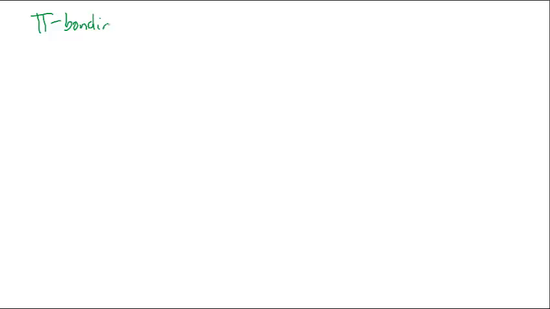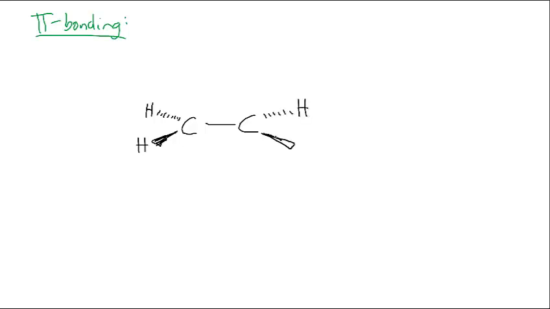So in that orientation, what I'm going to do is just draw a line to represent the sigma bonds. And now my hydrogens are going to go into the page and out of the page. And I'll be left with my 2 p orbitals.